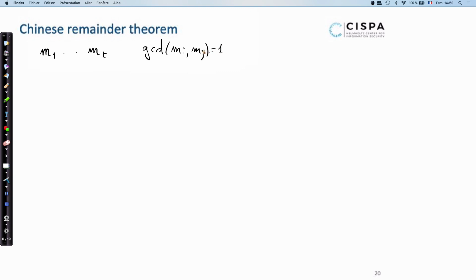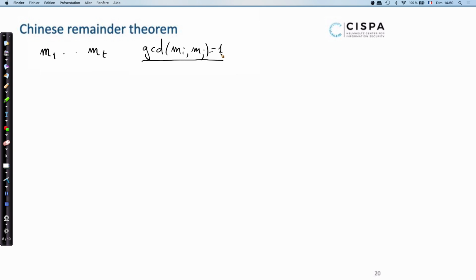So what we have done before works: there are going to exist numbers which are congruent to 1 modulo one of the numbers, and to 0 modulo all the other numbers, and we can lift exactly in the same way to satisfy all the constraints. But this is essential, because if the GCD is not 1, then the equations might be incompatible.